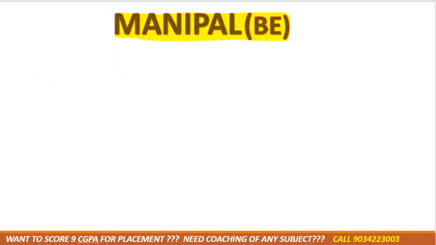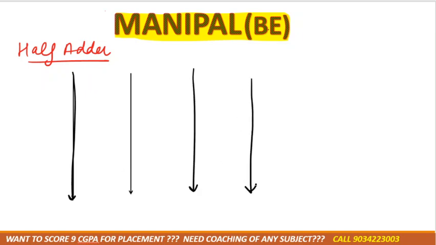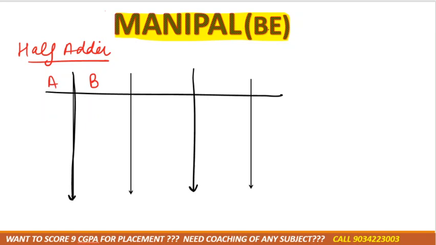So first of all, we will learn about the half adder. In this, let's draw the truth table first. As I told you, this will have two inputs and two outputs, correct? So two inputs A and B, and if we have two inputs, then tell me how many are the possible combinations?